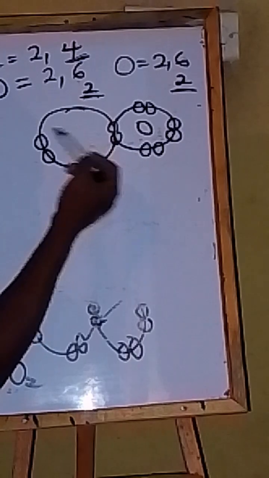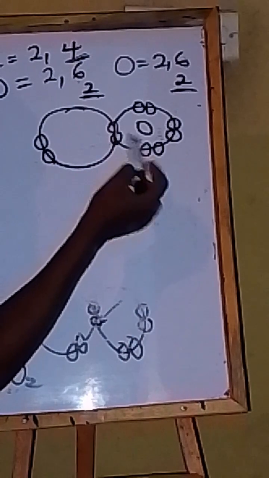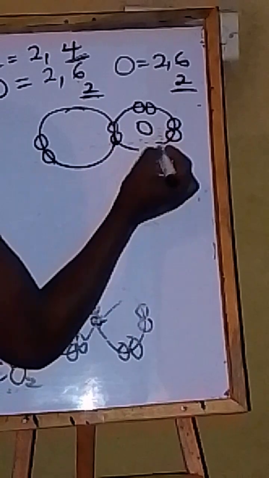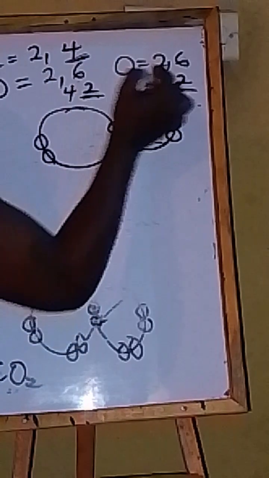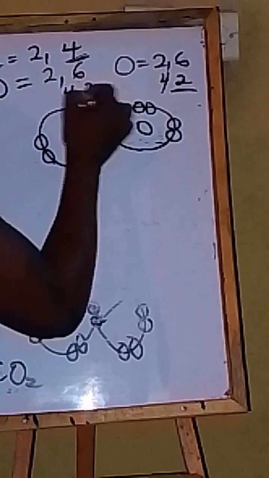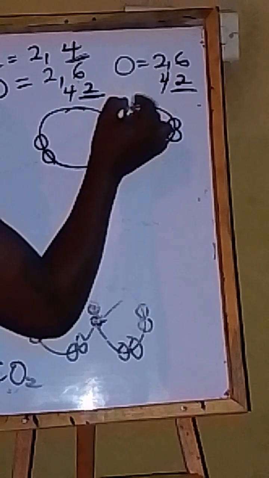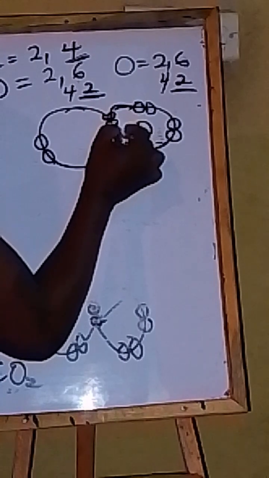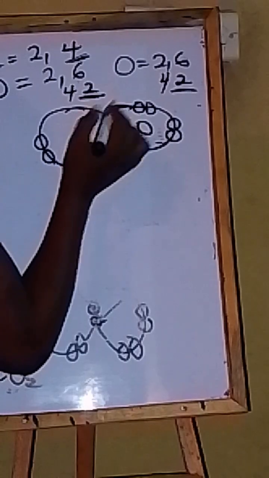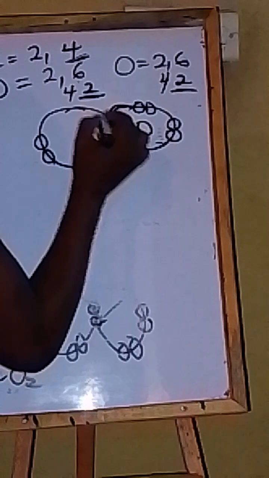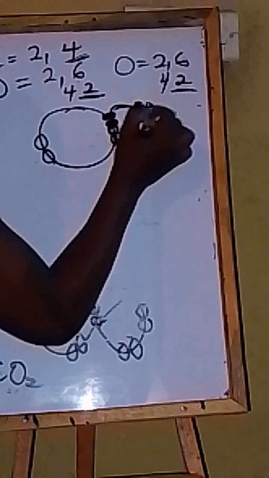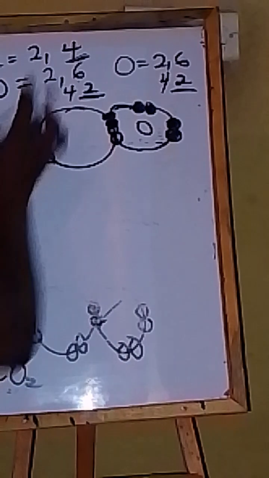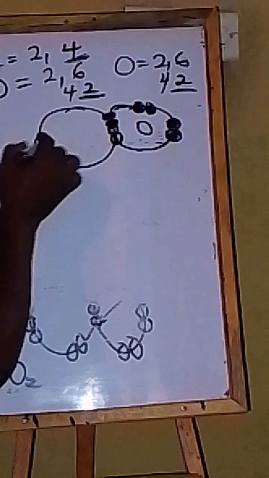This is a 4, 1, 2, 3, 4. So in this case, you also make this to be 4 and make this also to be 4, because it needs 2. So you extend it. I'm going to shade this. When I shade this, you will know it's for O, while the 2 is contributing.